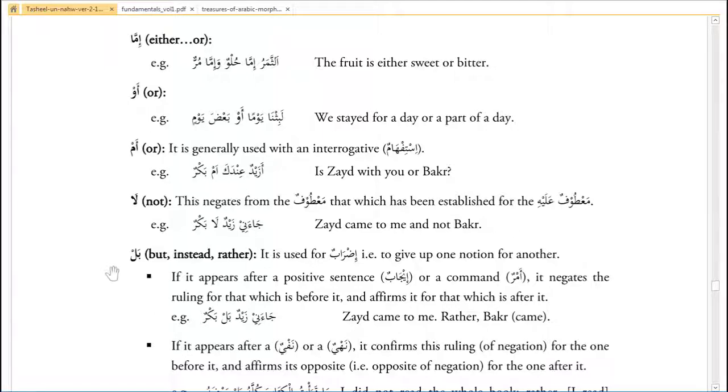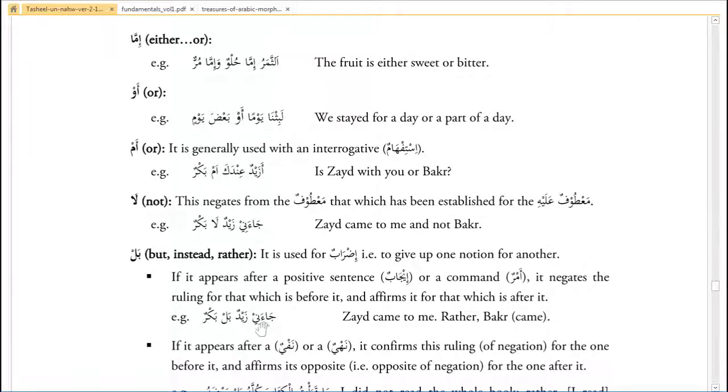And another one, which is the last one, bal, can be used for but, instead, rather. So I don't want to go into the details, just remember bal is used for but, instead, rather.